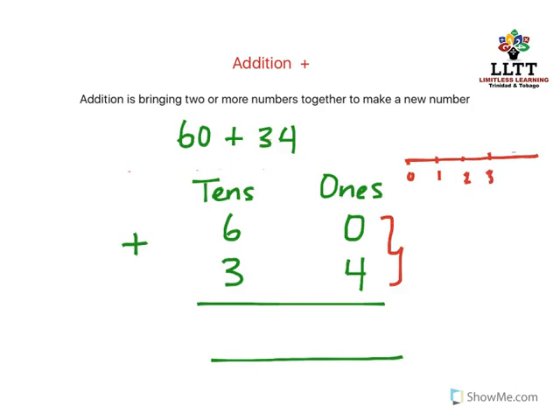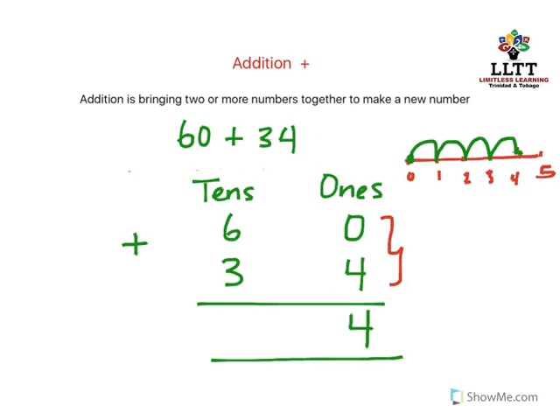We start at 0, which is here. And we add 4, so we move 4 to the right. That's 1, 2, 3, 4. So 0 plus 4 is going to be 4. And I put that right in between my equal sign.